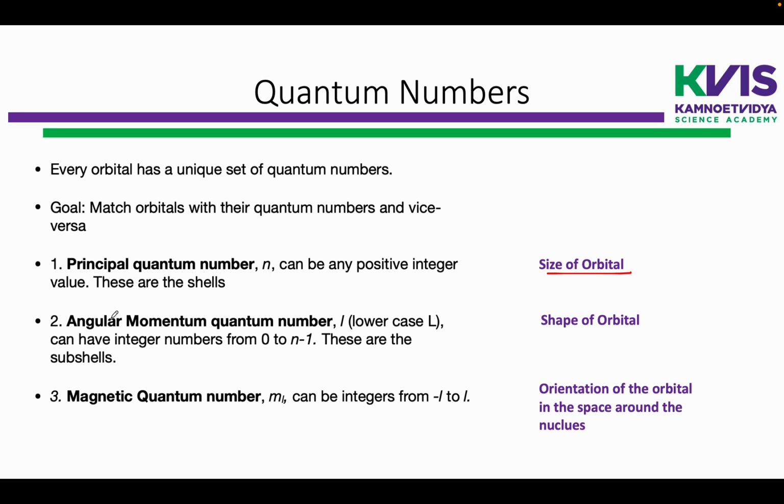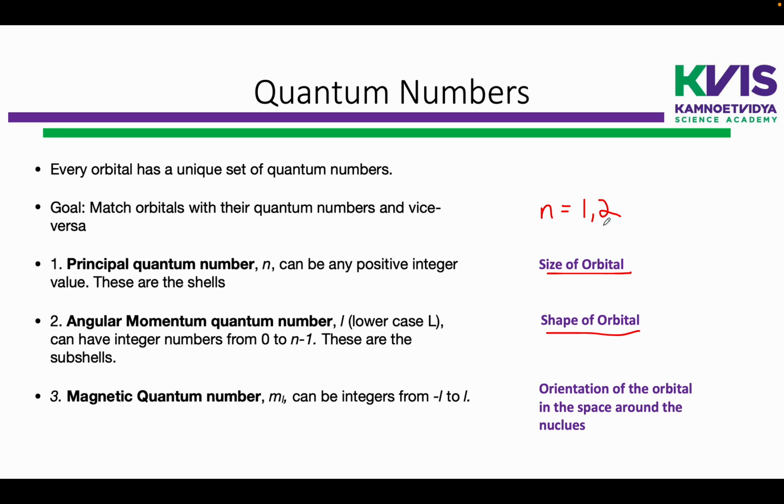The next quantum number is the angular momentum quantum number. This will tell you the shape of the orbital. For example, n can be 1, 2, 3, 4, 5, just whole numbers. The angular momentum quantum number L is basically n minus 1.